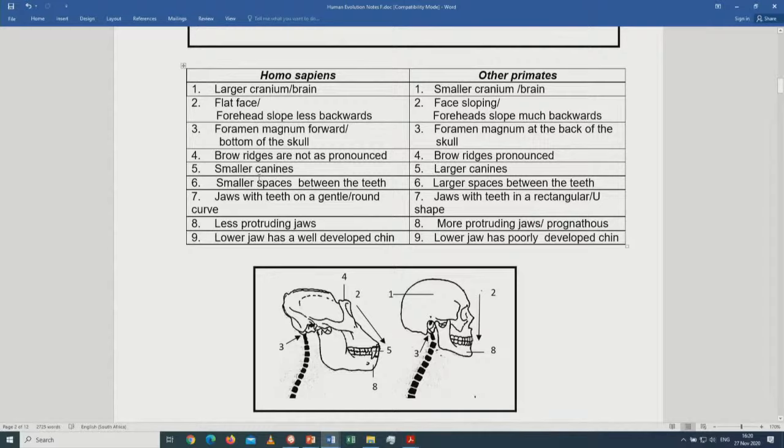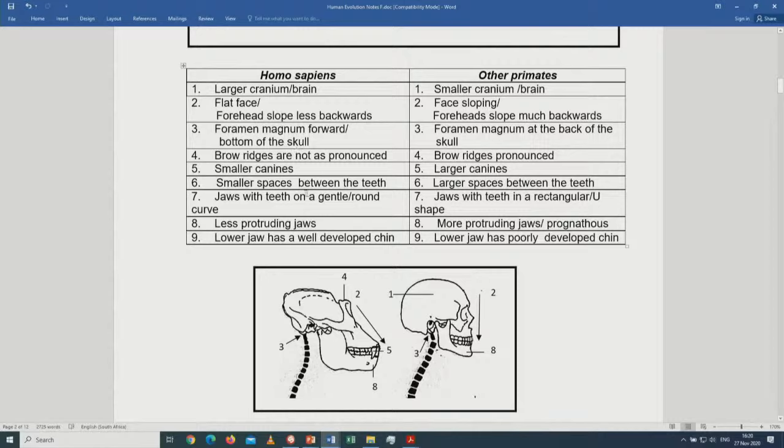You can see also that Homo sapiens have smaller canines, as their diet is more of soft cooked food material, while other primates, ape-like beings, have larger canines as they eat raw uncooked food, which they need to cut and slice with their larger canines.